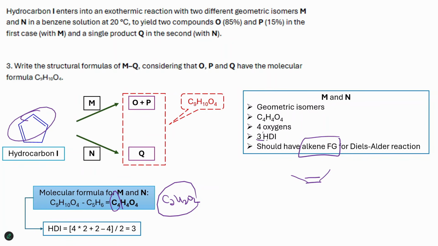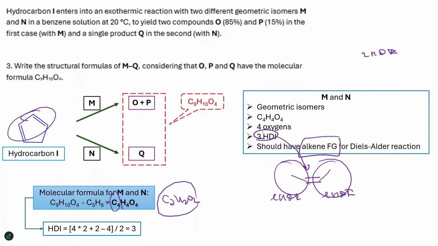So I have to assume basically that this is symmetric. And I also have 3 HDI. I already used one of them here, so I am left with 2 HDI. Since I am using symmetry, I should have 1 HDI on each side. When I say 1 HDI, I mean a moiety that contributes to HDI, which could be a ring or a pi bond.